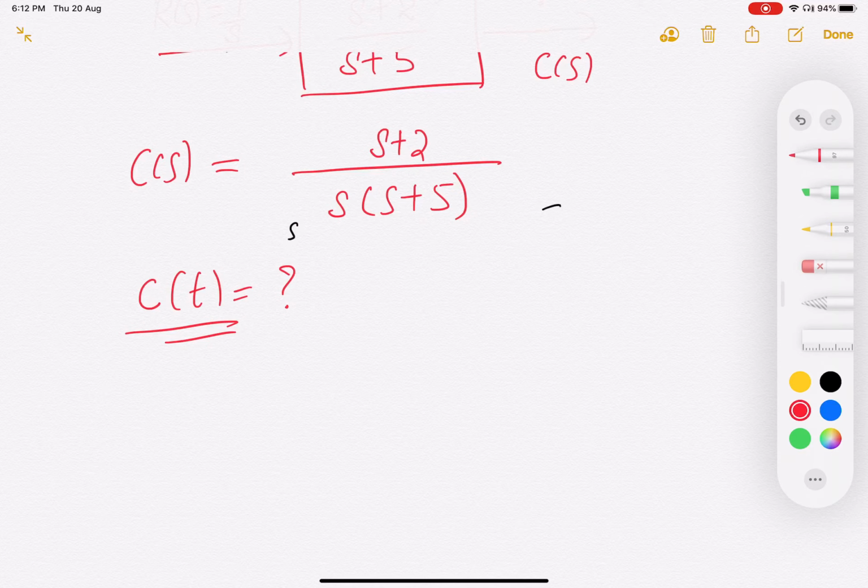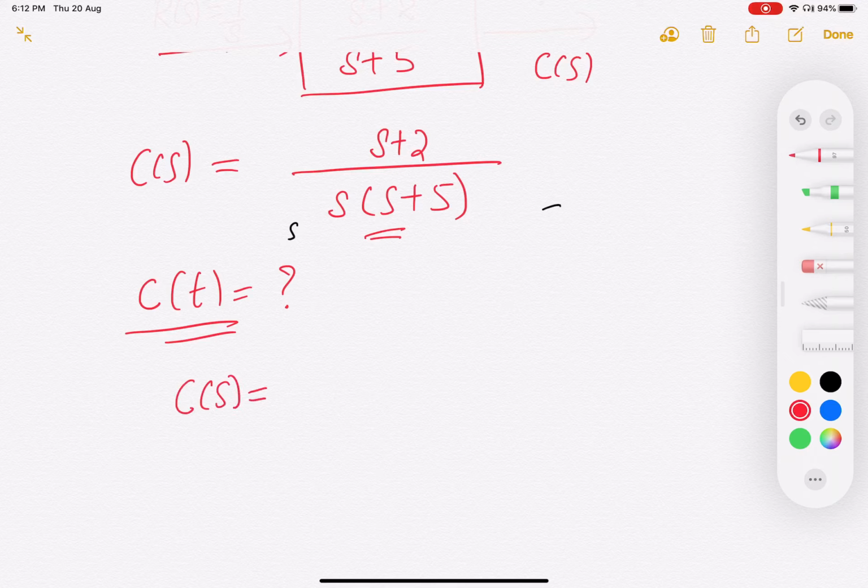The process of finding C(t) is actually the process of finding the time response for this system. So for finding C(t), I need to take the inverse Laplace transform of this, and that's a standard thing that you must have seen before.